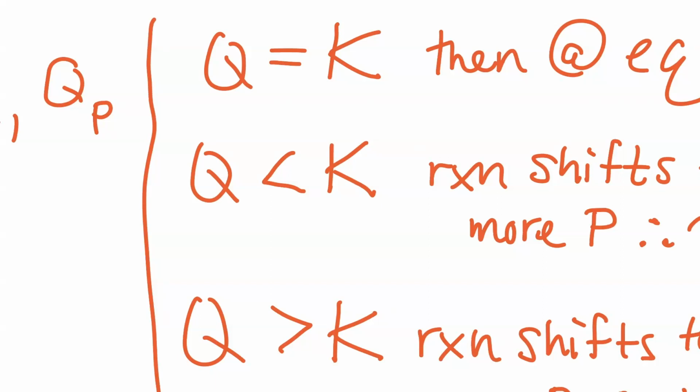It's really silly, but it's going to help you remember it. So if Q is less than K, the alligator chomps towards K, but K is on the right, so are the products. So you need to make more products to get Q and K equal. If Q is greater than K, you're going to chomp towards the Q, which is towards the reactant side. You make more reactant to get Q smaller to equal K.